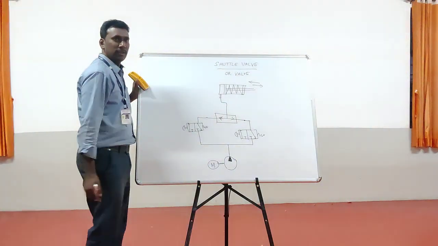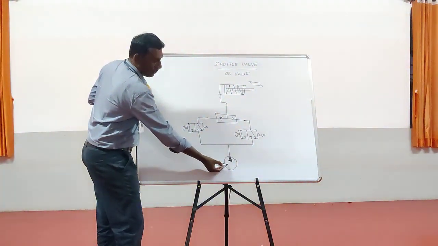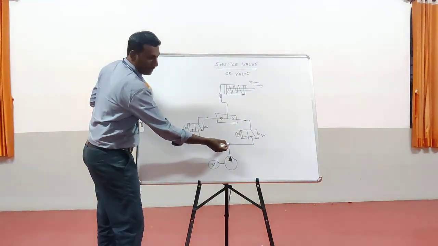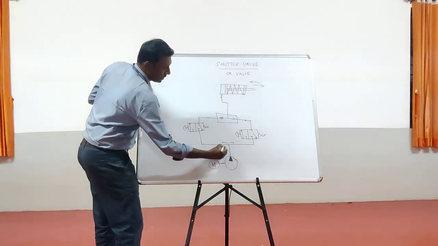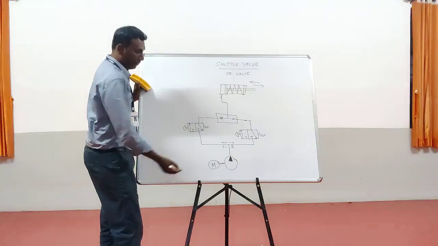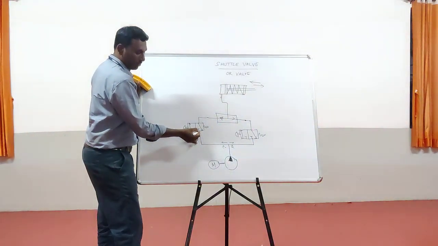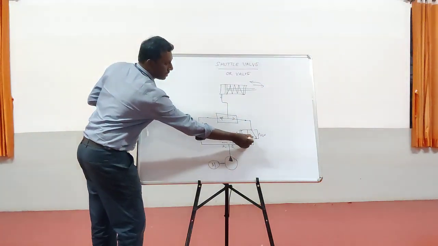motor. Whenever we turn on the motor, the hydraulic pump pumps the fluid towards this line. The fluid will be supplied in this direction also, and in this direction also, with an equal amount of pressure, P1 here and P2 here. When the fluid enters this valve, the port is closed here, and here also the port is closed.